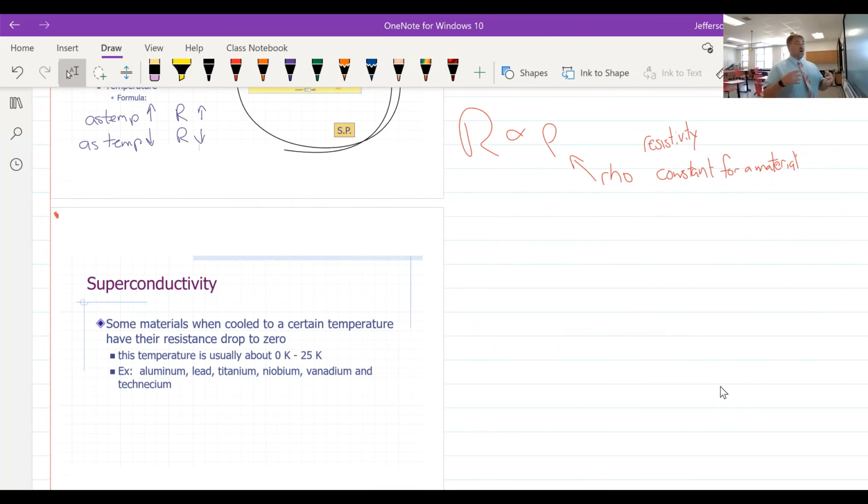Superconductors are rare materials that exist, and when they have their superconductive properties, their resistance essentially falls to 0. Now, the advantages of this is, remember, every time a charge has a collision, it's going to lose some of its energy, and it slows it down.